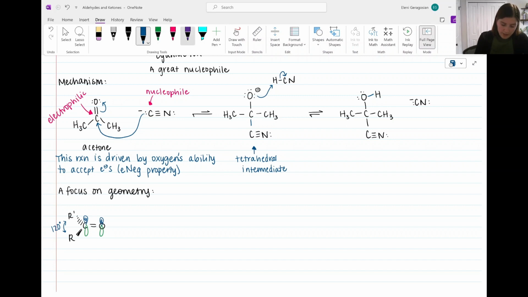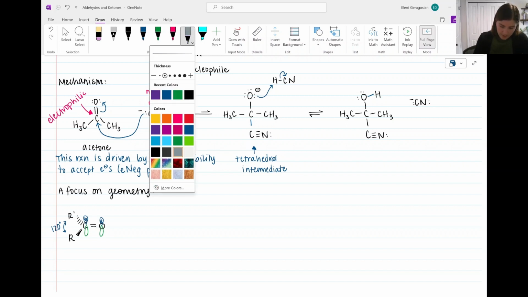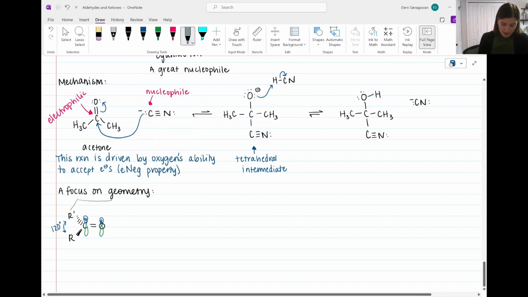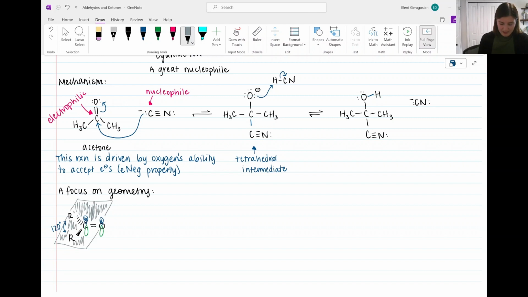We can also emphasize the planar nature of this. So if we draw, just kind of trying to show that all of these atoms would be in the same plane. So this is meant to show a 2D plane right here. Let me recolor that.